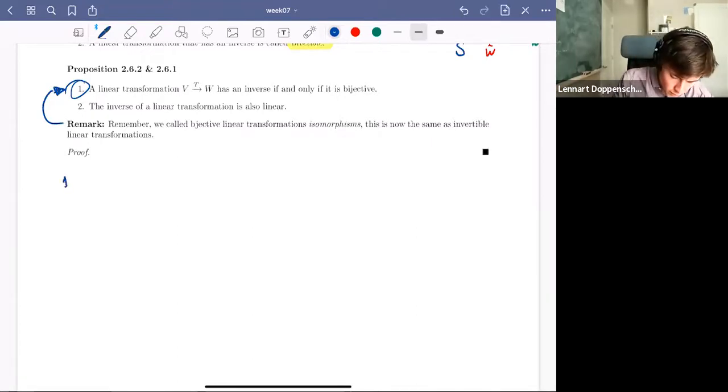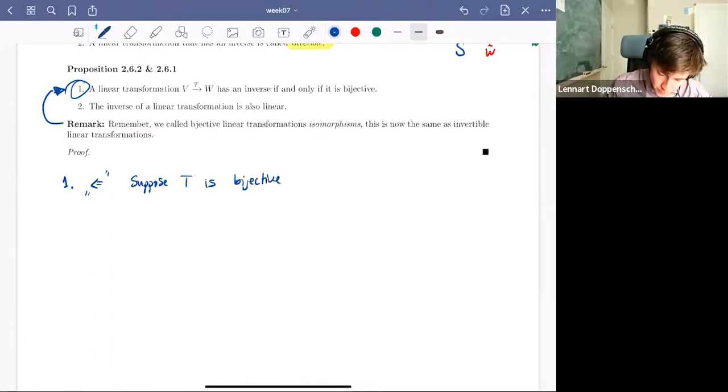prove this first one. Let's go this way first. Suppose that T is bijective, and we pick a W in the codomain, so in the target space.